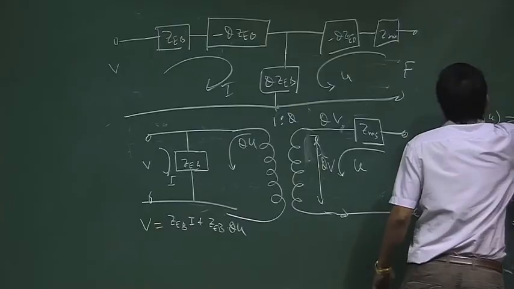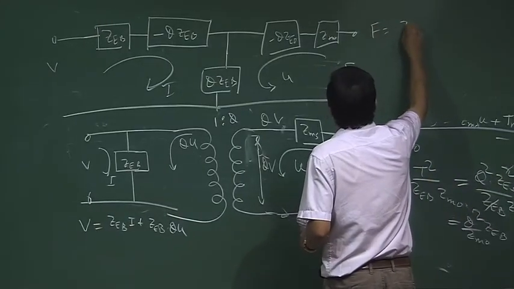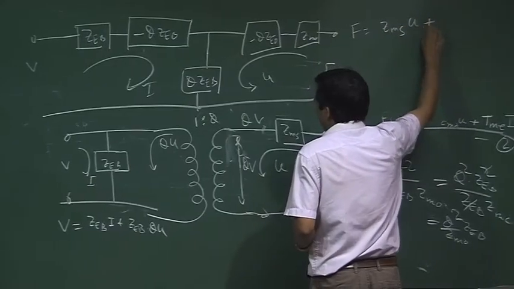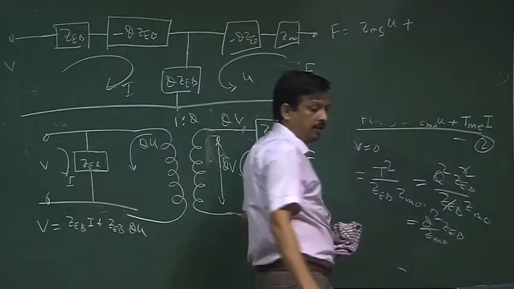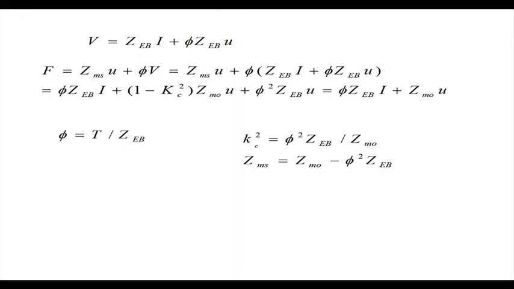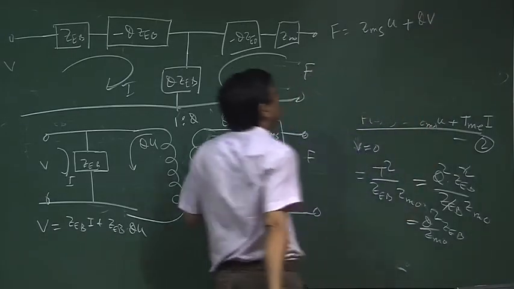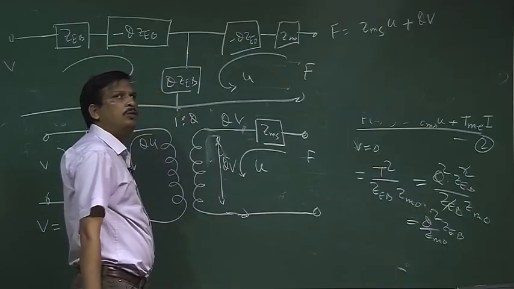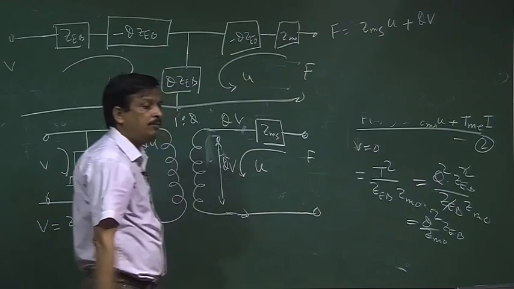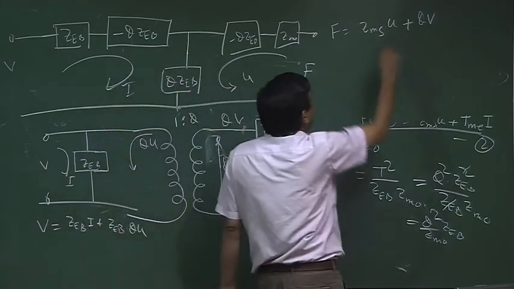Then I can say the force F is nothing but ZMS into U plus phi into V. Okay. Now, what is the ZMS and ZMO relationship, and what is the phi and V relationship?